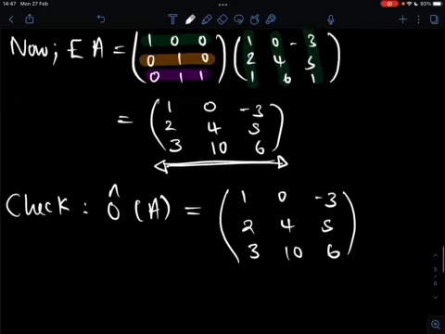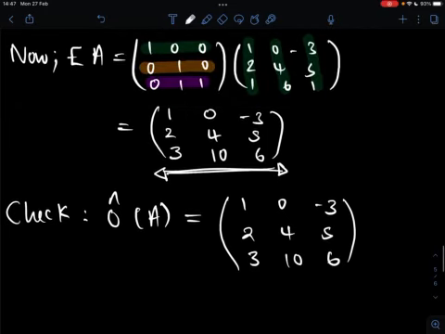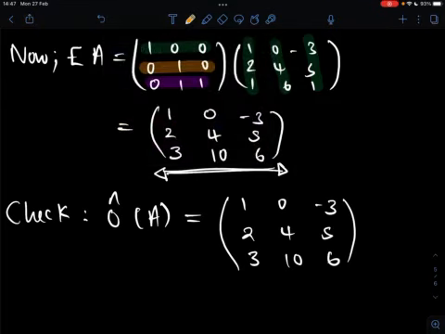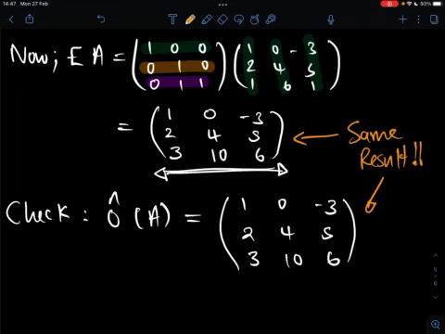So you see that doing OA directly and multiplying E by A, we still get the same result, as hoped for. This shows exactly what an elementary matrix is.